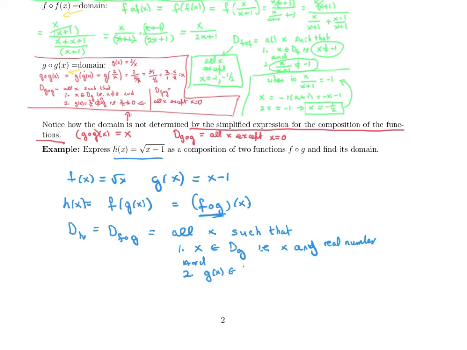I have to be able to plug x minus 1 into the square root of x. And that is x minus 1 must be greater than or equal to 0, and that translates to x greater than or equal to 1. So that's my only restriction there. So the domain of f after g, which is the domain of this function, equals the set of all x greater than or equal to 1.